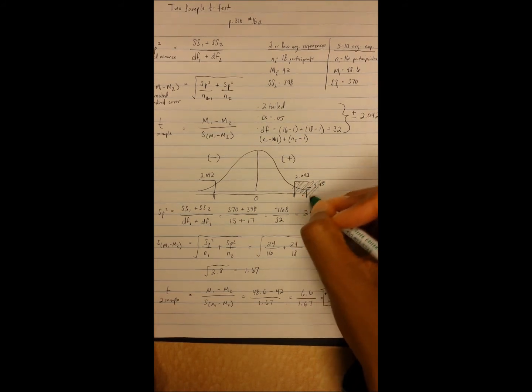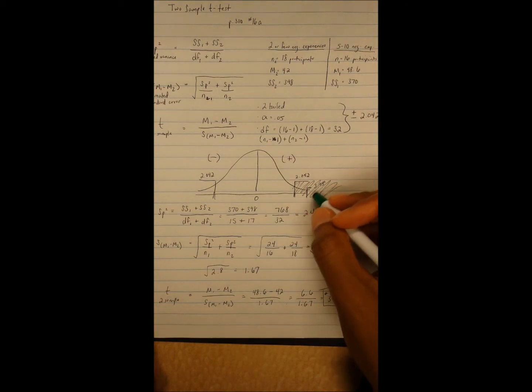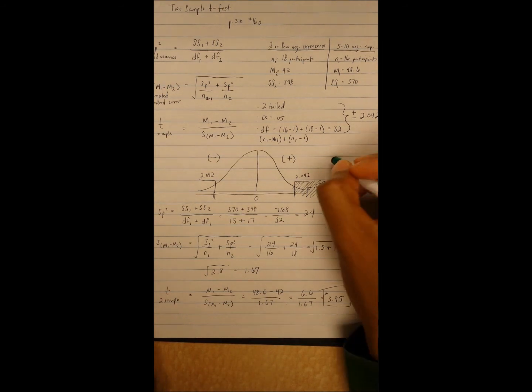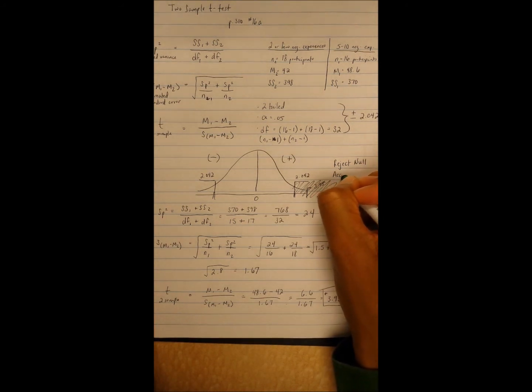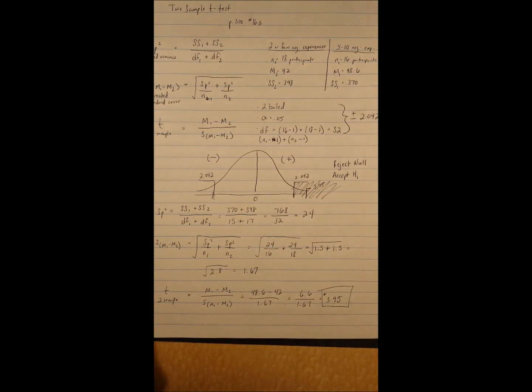So it's in the region of rejection, the region of rejecting the null hypothesis and saying indeed that the research hypothesis is true. Okay, so in this case, you would reject the null, and if you reject the null, that means you would accept the research hypothesis.